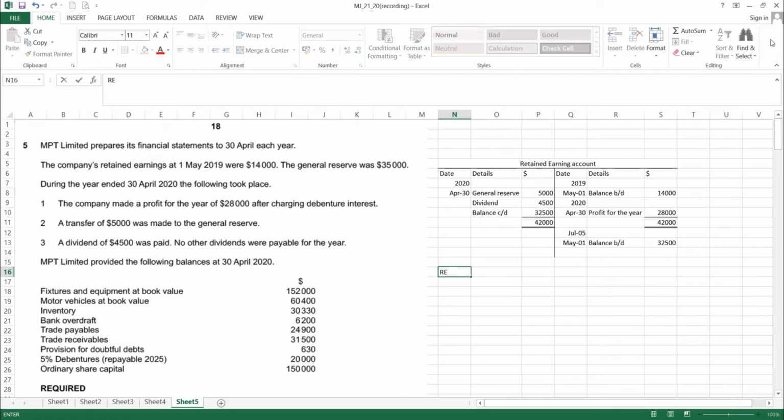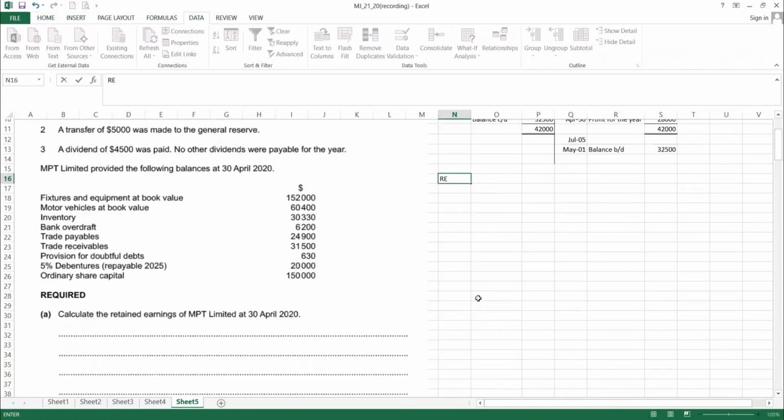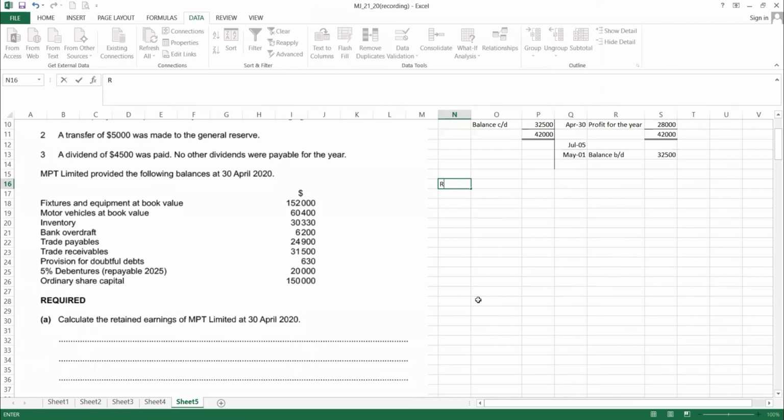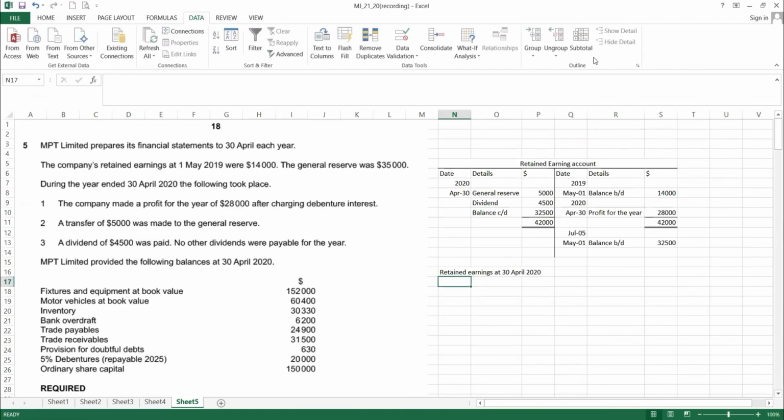So you have to write the information they've given here. Retained earnings at 30th April 2020. Start with the balance brought down first.